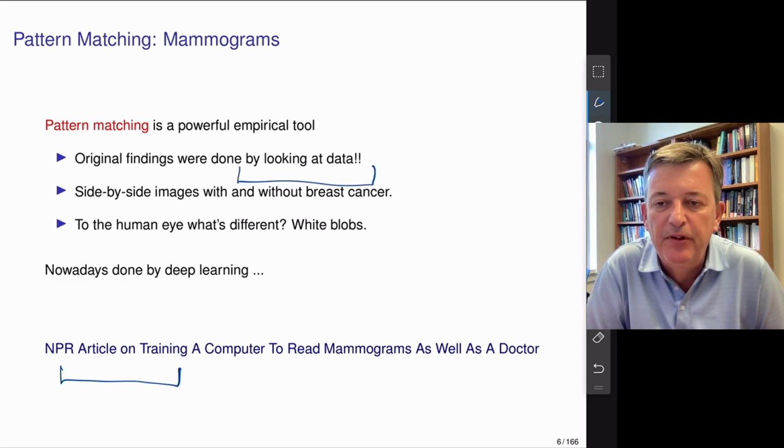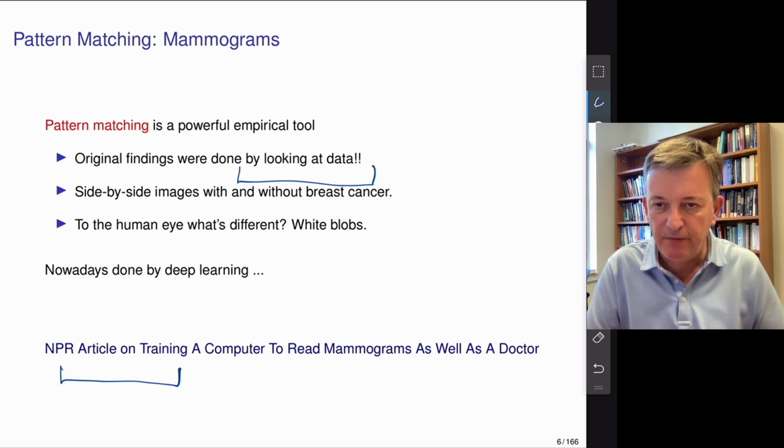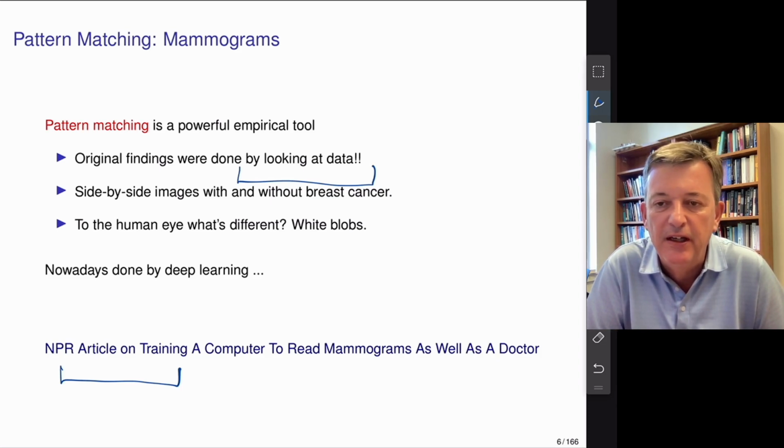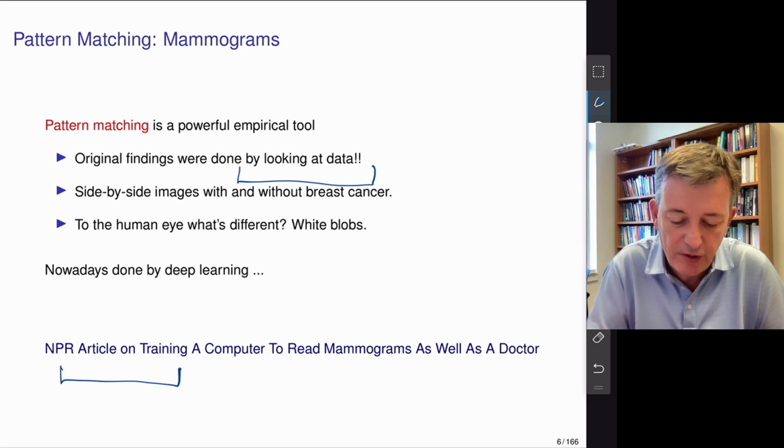People didn't really know what they were looking for, and humans saw white blobs and things that didn't look quite right, and managed to correlate that with cancer. Nowadays everything will be done by computers and deep learning, but some of the great scientific findings in the world have been made by empirically looking at data without any theory. So just finding empirical irregularities in data sets is still an interesting problem.